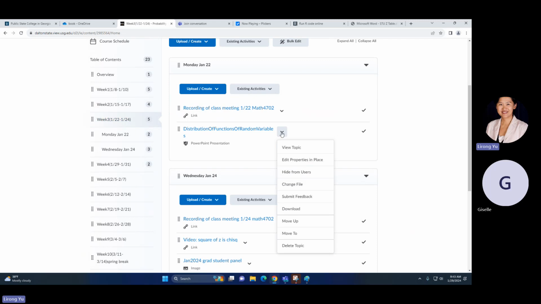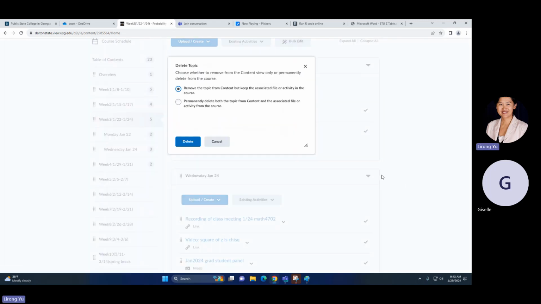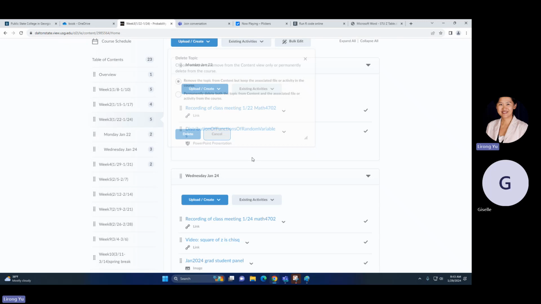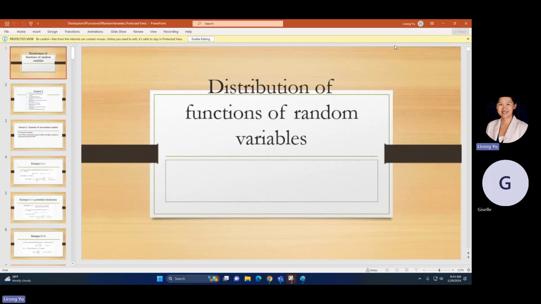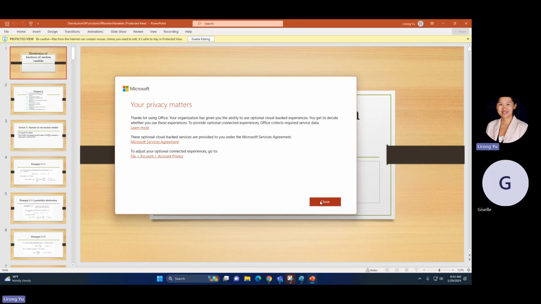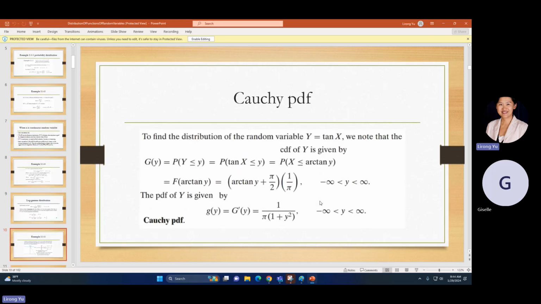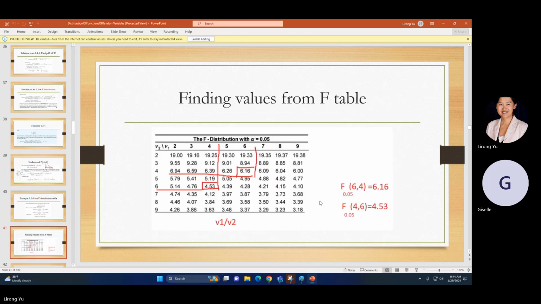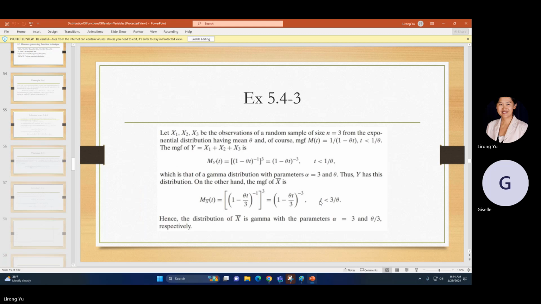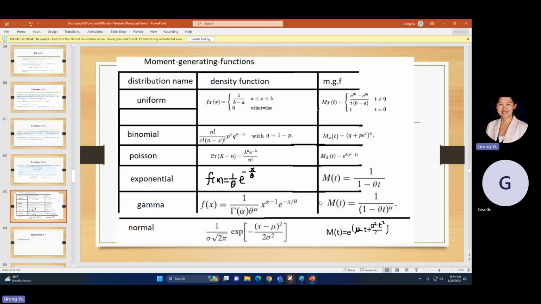I think we write out the density function. By the end of section 5.4, I was trying to summarize all of the density functions and moment generating functions for some of the common distributions. In 5.4, yeah. It's a gamma distribution.